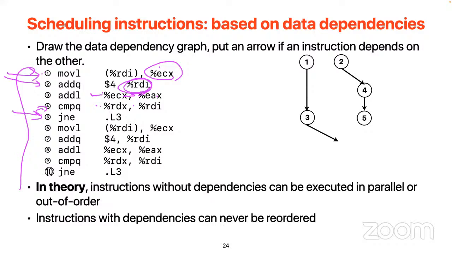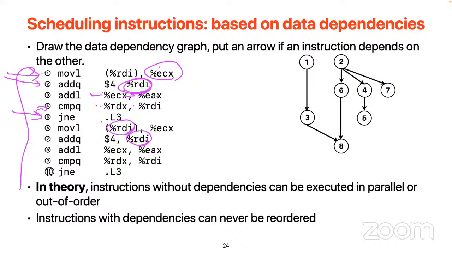Now, the sixth instruction depends on the value of RDI, which is generated by the second instruction. So 6 also depends on 2. The seventh instruction depends on the latest RDI, so it also depends on 2.